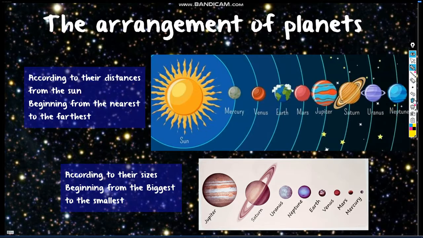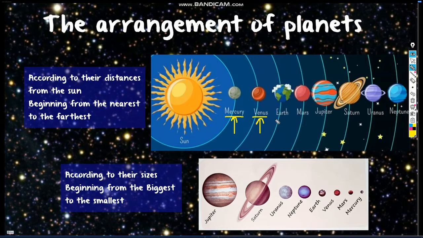So let's see the positions. First we have Mercury. Please repeat after me because these words are difficult at the beginning. The first planet we have is Mercury. The second planet that we have is Venus.